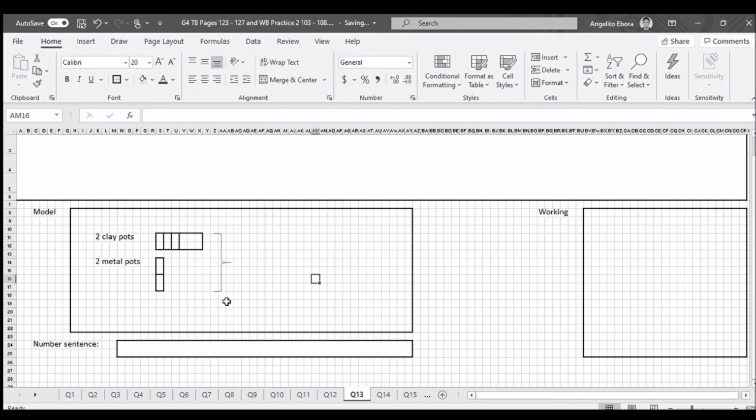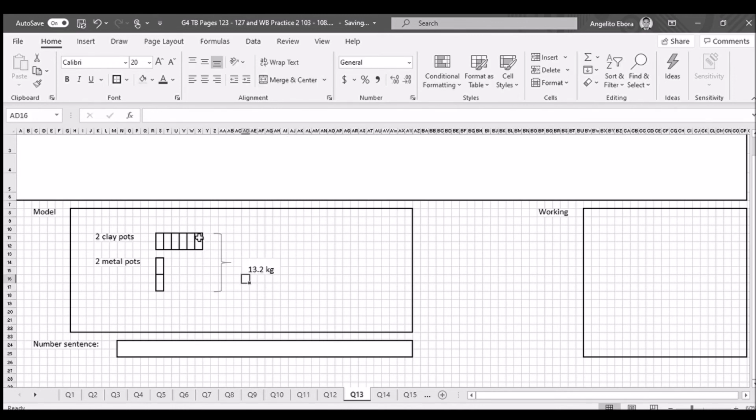So first step, we need to find this part. This one is 1, 1, 2, 1, 2, 3. So you divide it by 3, so make sure the other one will be divided by 3 also. The total is 13.2 kilograms.